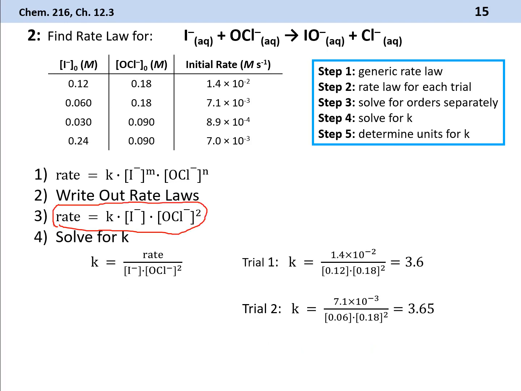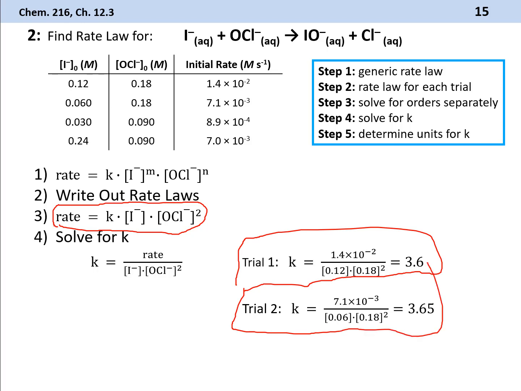Step 4 is I solve for k. And so on the board I use trial 1. Trial 2, if I plug in that, I get something that's slightly different, but it's close enough. Remember what we said. There's going to be some slight error, but these are very close. If I got 3.6 for this and I got 3.2 for this one, that's too far off.